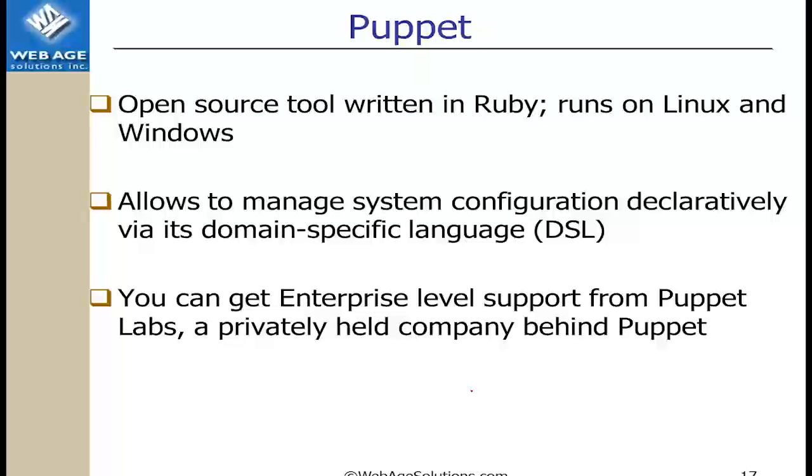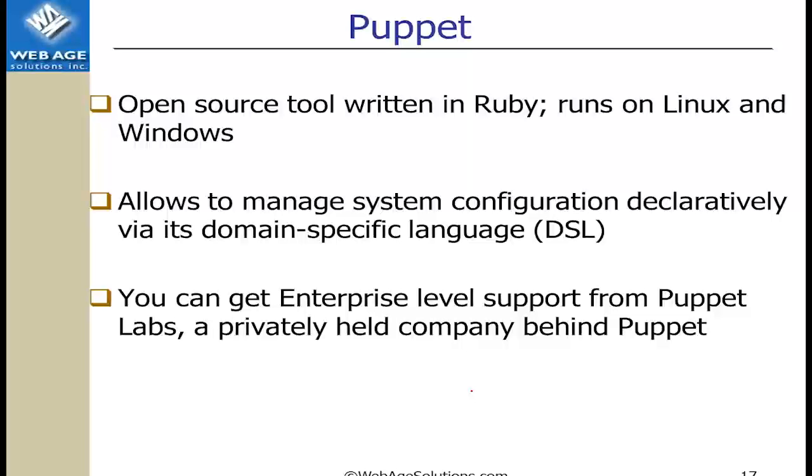So Puppet, we saw an example of its code. A little bit more on that. It's an open source project written in Ruby. By the way, you can use it not only on Linux but on Windows as well.